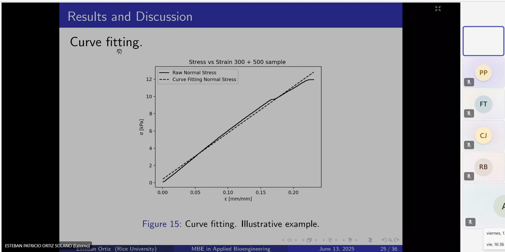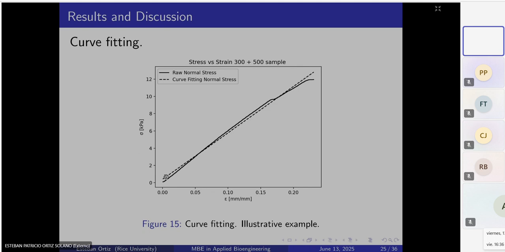And this is what I mentioned in the first meeting: the dotted line is the curve fitting, and the continuous line is the raw data. If you see the raw data, it is not linear enough.